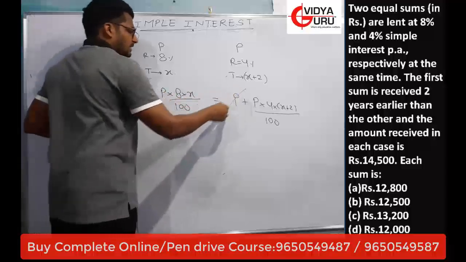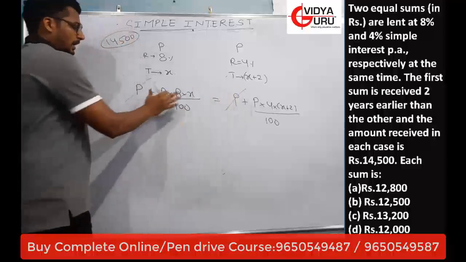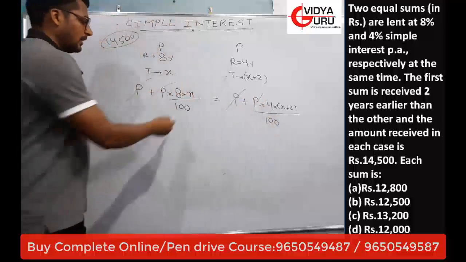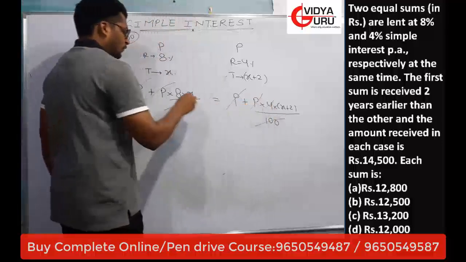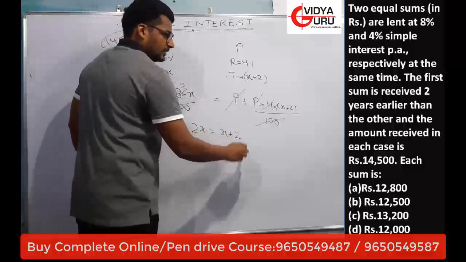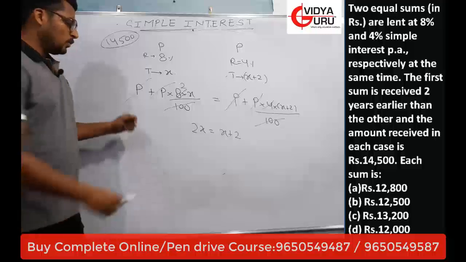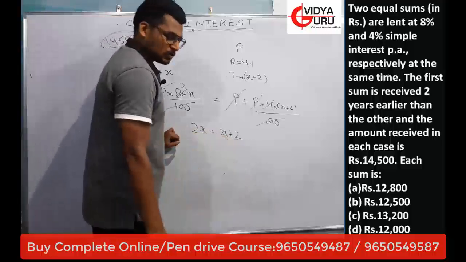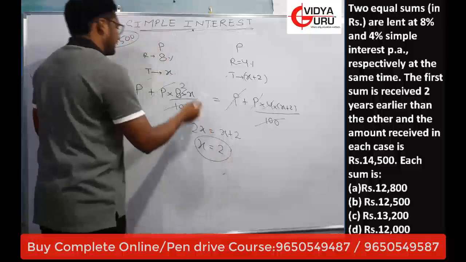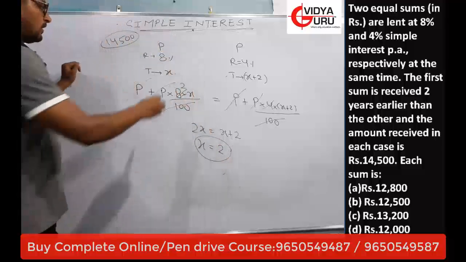This P will cancel out. I am left with only this and this. Here also P will cancel out, and 100 will also cancel out. 4 2 times is 8. 8x equals 4 times x plus 2, so 2x is equal to x plus 2. x equal to 2. That means x is 2.